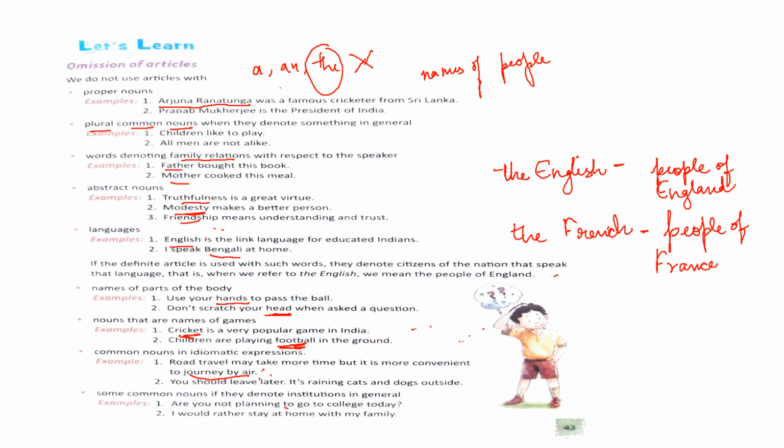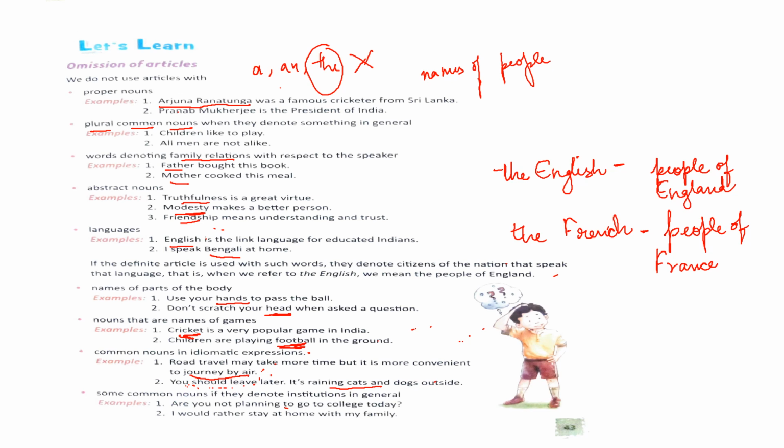You cannot say "journey by the air." That would be incorrect. Next, "It's raining cats and dogs outside." "Raining cats and dogs" is an idiomatic expression, but you don't use any article with it.